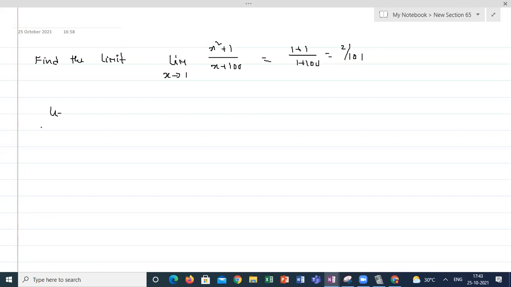I'm doing like this. Limit x tends to 2 of x cube minus 4x square plus 4x divided by x square minus 4. What is the answer?